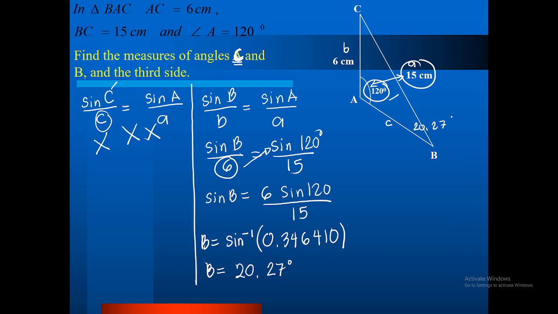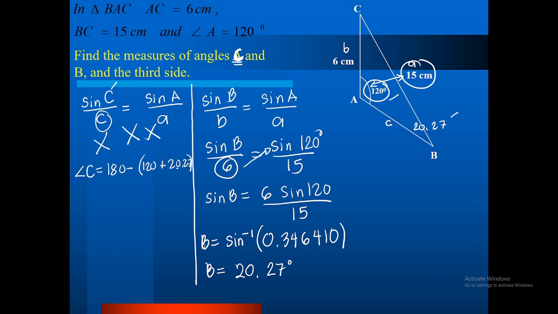Can we now solve for angle C? Yes, we can. It's so simple. The 180, you subtract the sum of the two angles. That's 120 plus 20.27, which is 140.27. 180 minus 140.27.